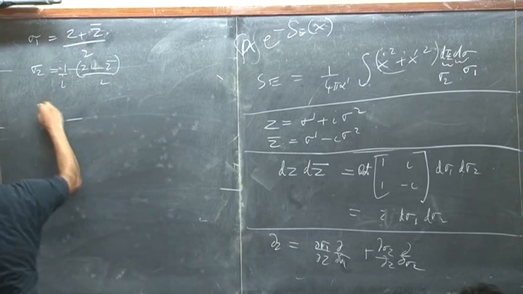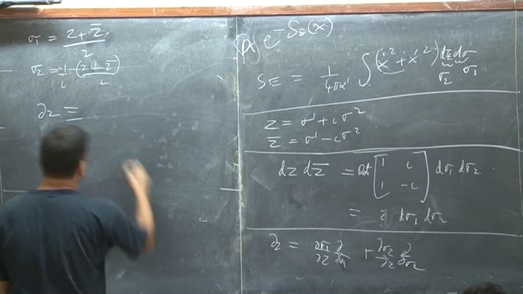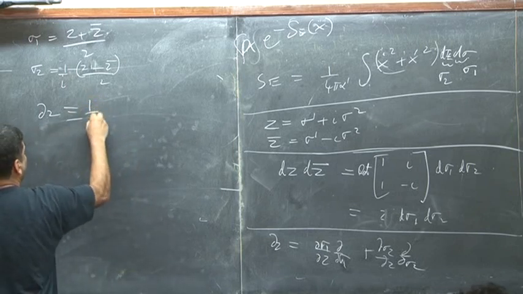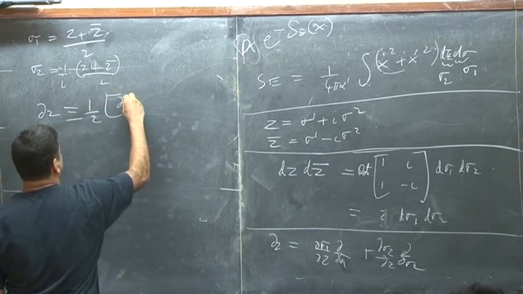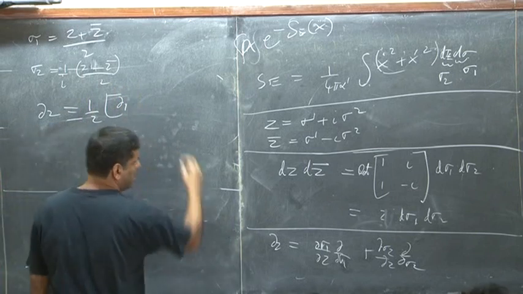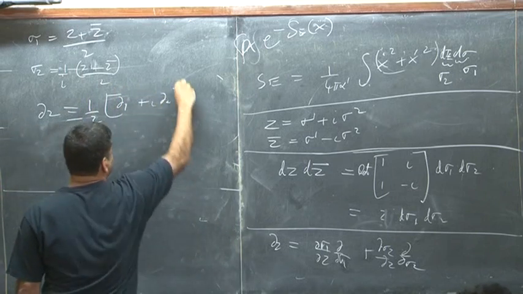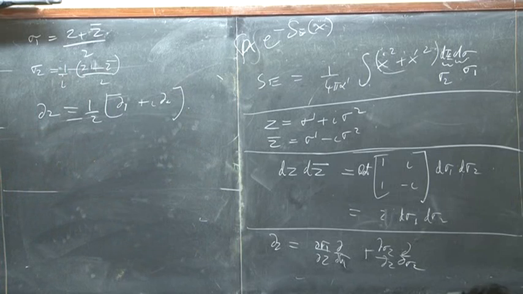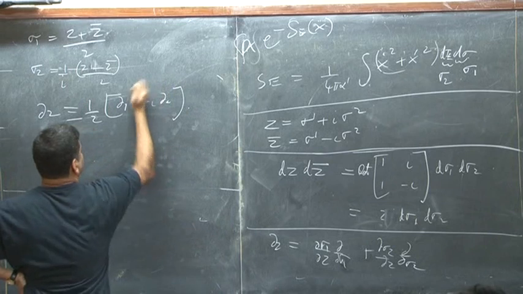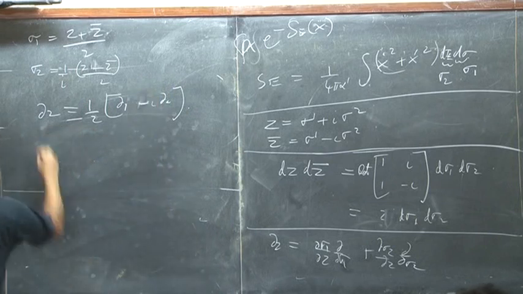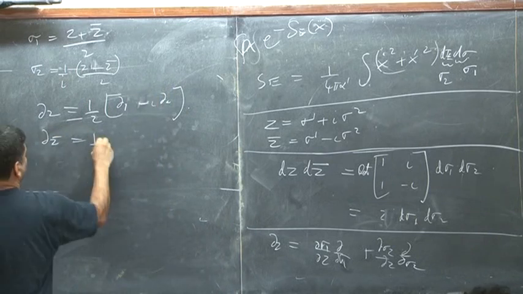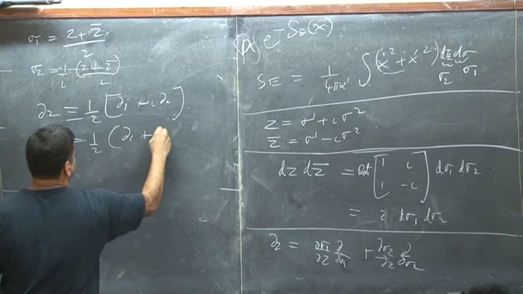And so dz is equal to half into d1 minus i d2, and dz bar is equal to half into d1 plus i d2.